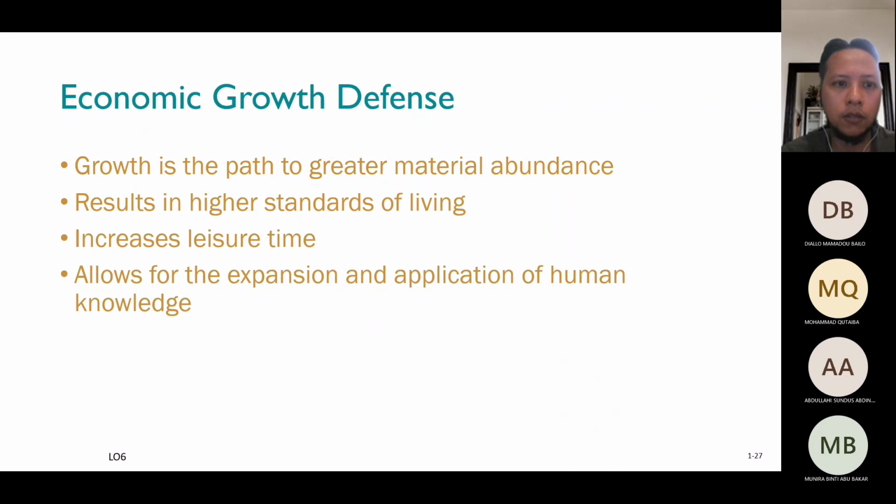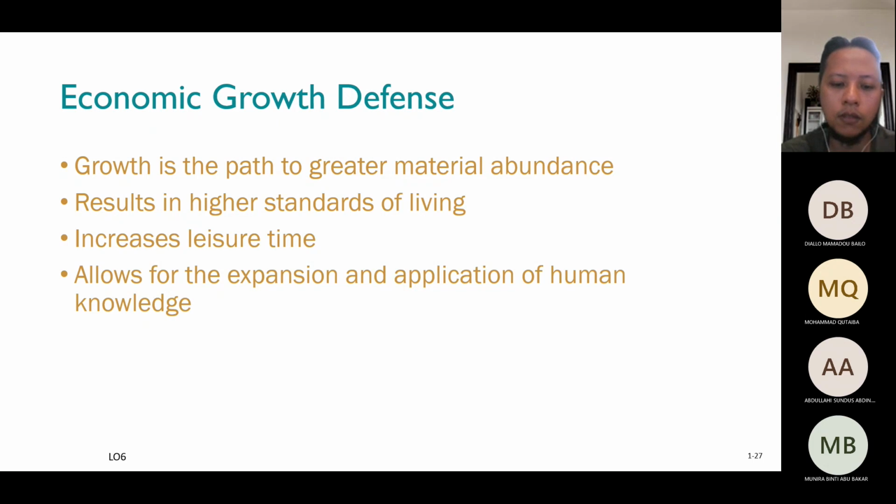So economic growth is also a path for greater material abundance. In conventional economics we have scarcity, right? We have limited resources and scarcity.